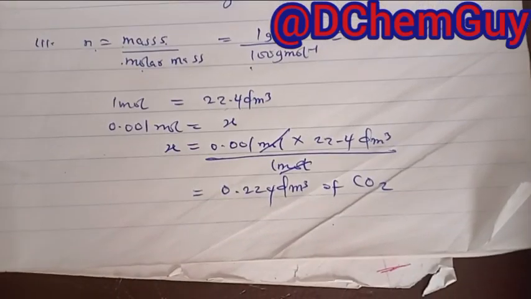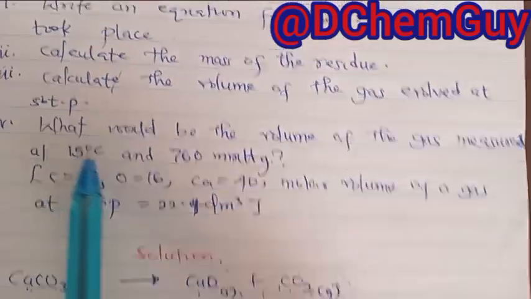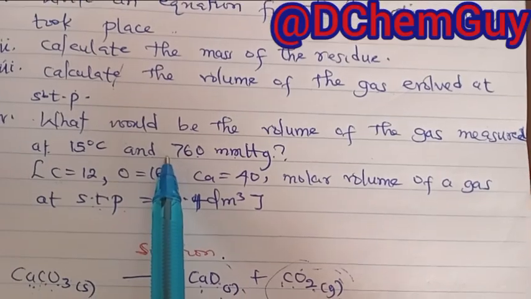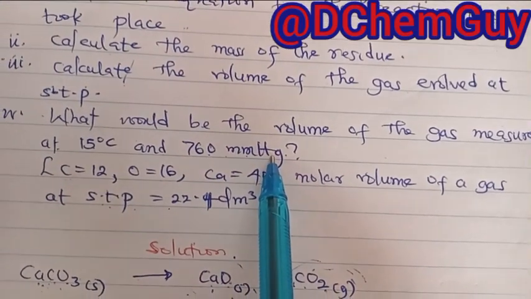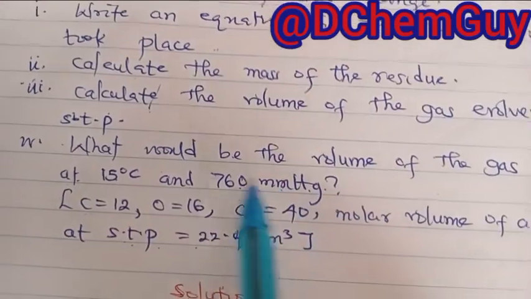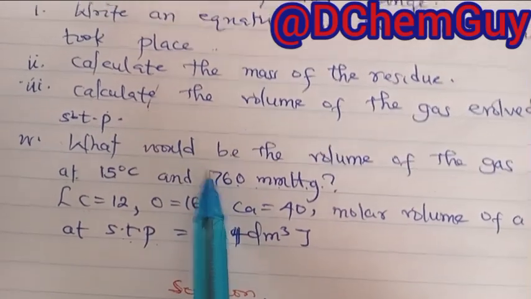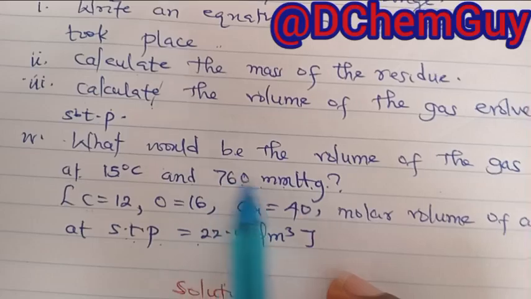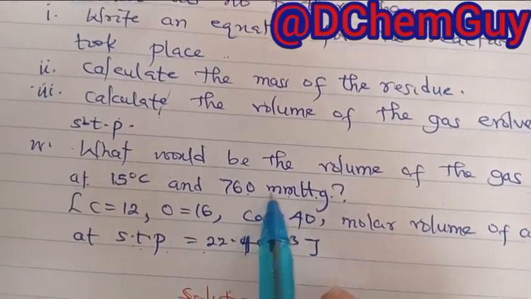Okay, now let's move on to the last question. The last question reads, what would be the volume of gas measured at 15 degrees Celsius and 760 millimeter of mercury? Now, how do we solve that? This question is going to require Charles' law, because the pressure is the same.